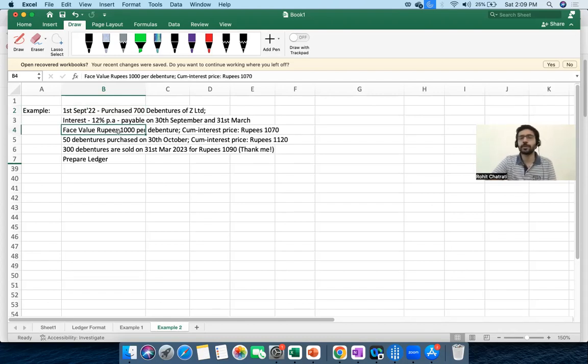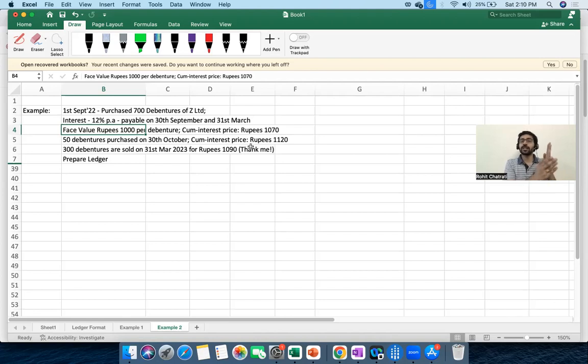The cum interest price is rupees 1070, which means this 1070 includes the interest that has accrued from 1st April 22, the last interest payment date, till 31st August 2022.